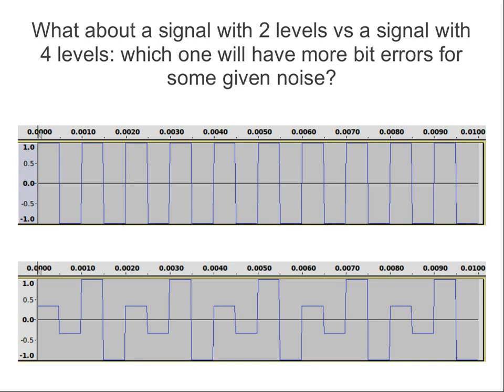I need to transmit a signal, yes, and at what level do I transmit first? To represent the first bit or bits, what level do I send at?